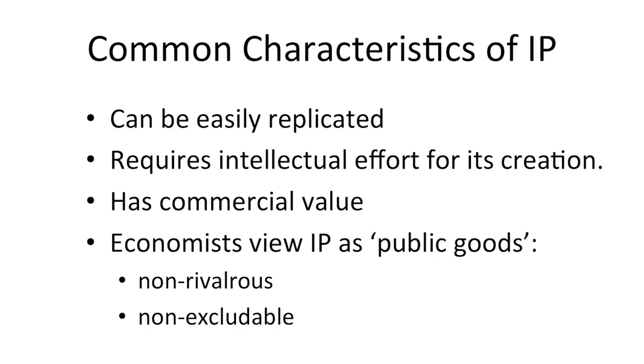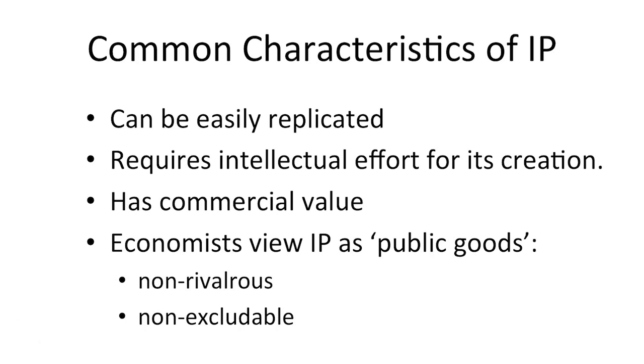So this defines yet another trait of intellectual property right. It is difficult to get the first copy out, but once the first copy is out, it is easily replicable. Now, this is also true for books. An author may take years to write a book. It does not take much to scan the book and put a copy of the entire pirated book somewhere in the cloud.